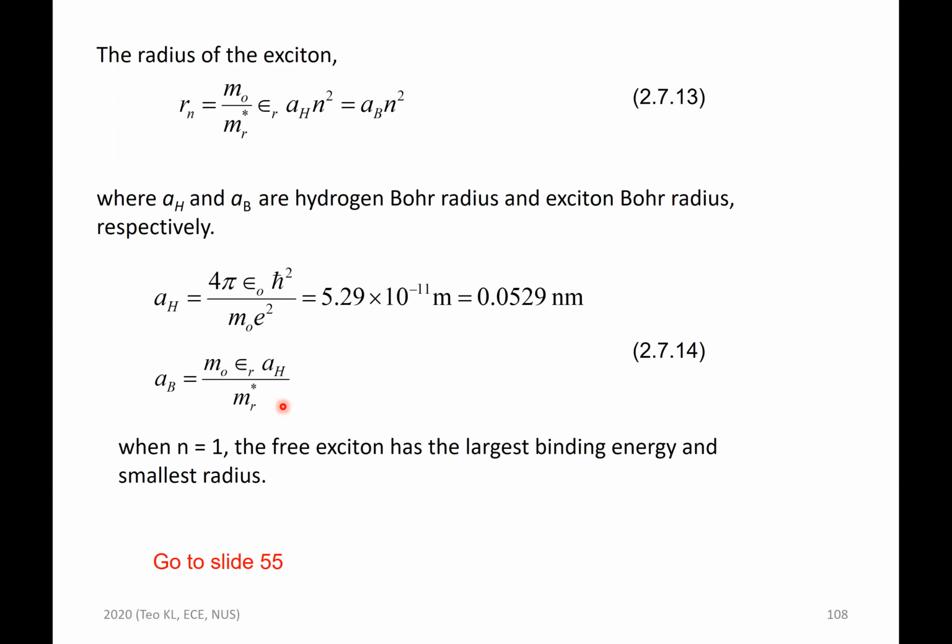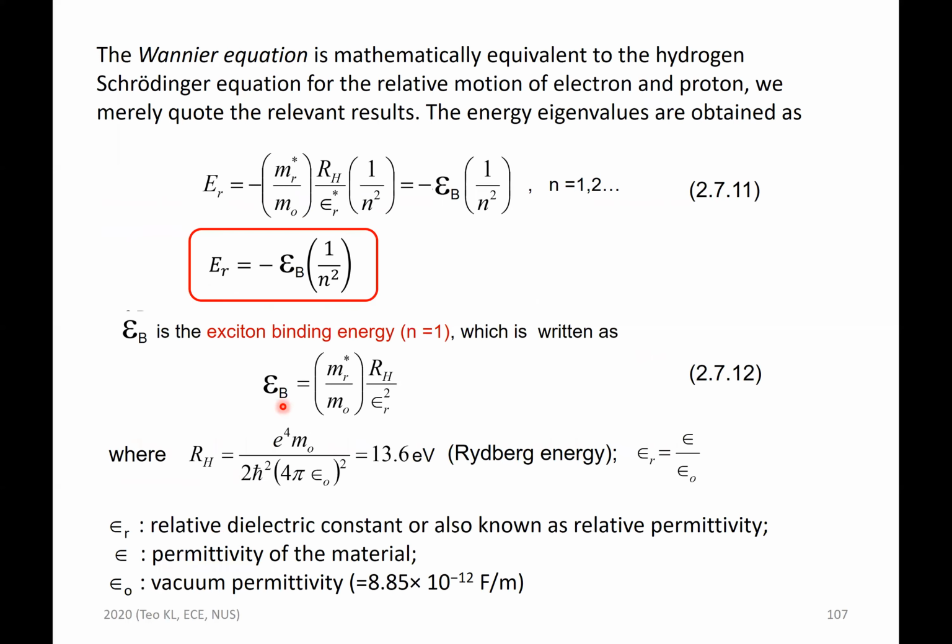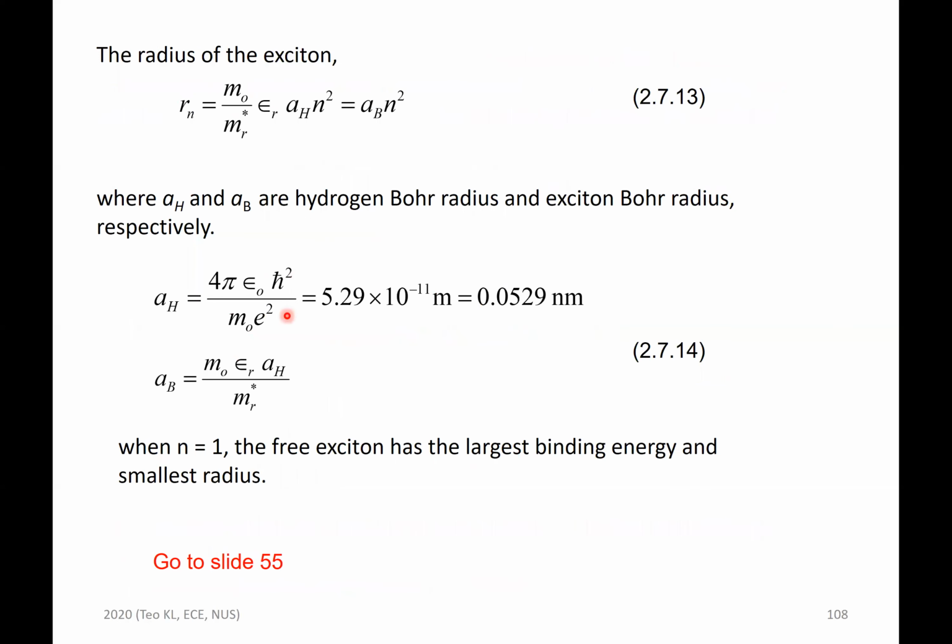So when n equals 1, the free exciton has the largest binding energy. Down here, n equals 1, that is your binding energy. And when n equals 1, the radius of the exciton will be equal to aB, which is the smallest radius, and we call that the Bohr radius.